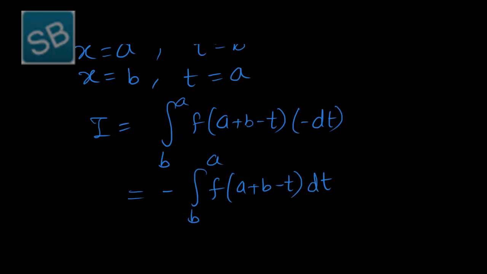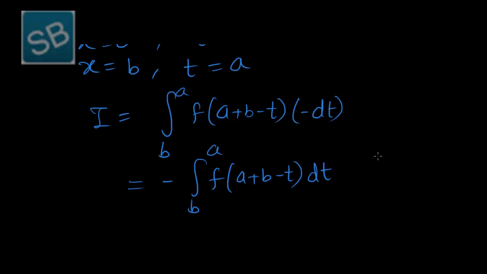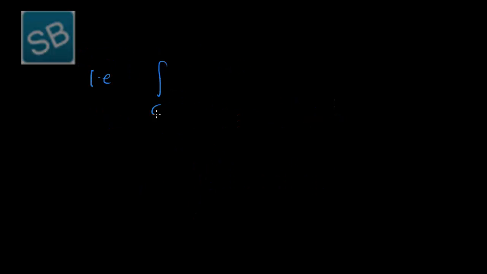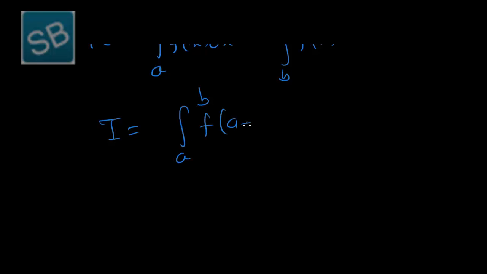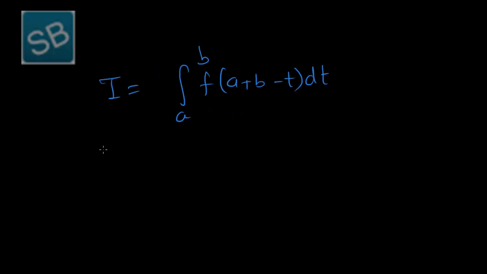As we know the rule, if we change the place of the limits, the negative sign will be eliminated. That is, the integral from a to b of f(x) dx = minus the integral from b to a of f(x) dx. So by using this rule, we get I = the integral from a to b of f(a + b - t) dt.